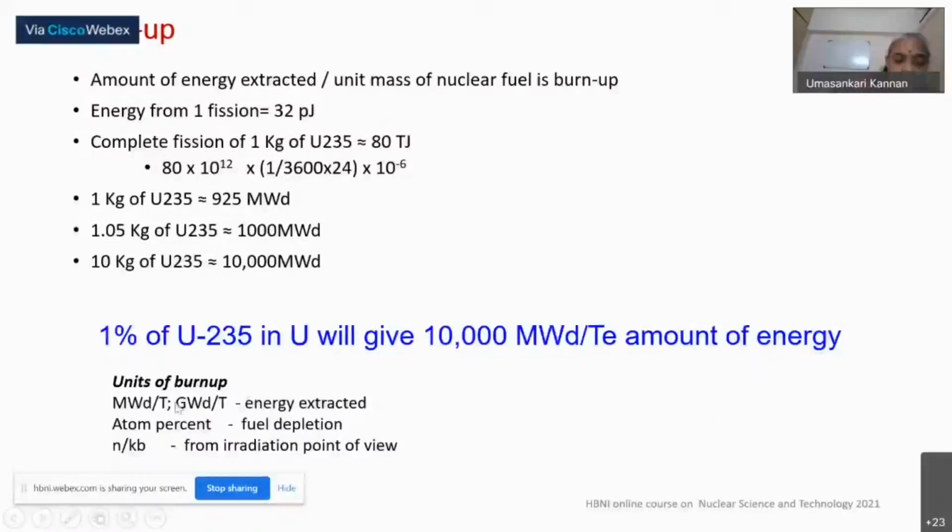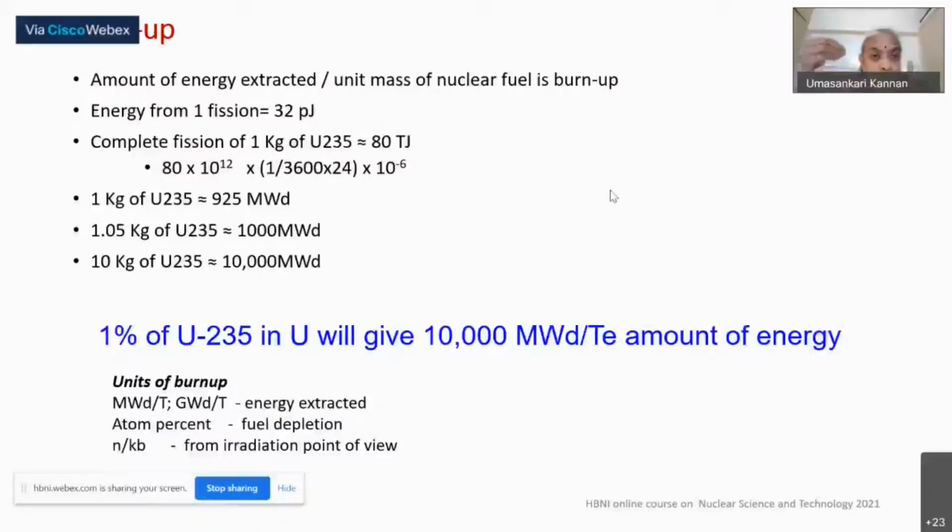Similarly, megawatt day per ton, you can also make it gigawatt day per ton. There is another unit in terms of fuel depletion, which is atom percent. Suppose I start with 100 kg of uranium-235, and after some burn-up, I am ending up with, let us say, 95 kg of uranium-235.